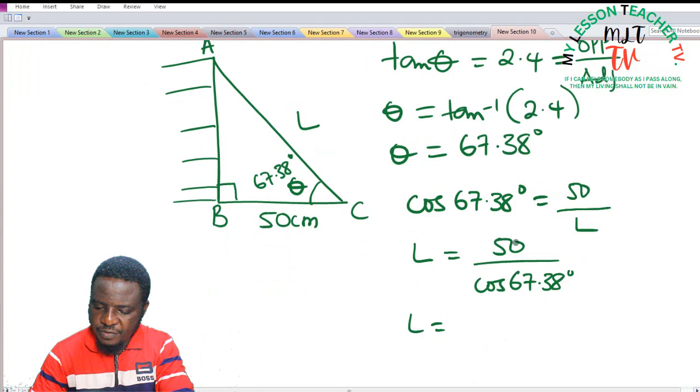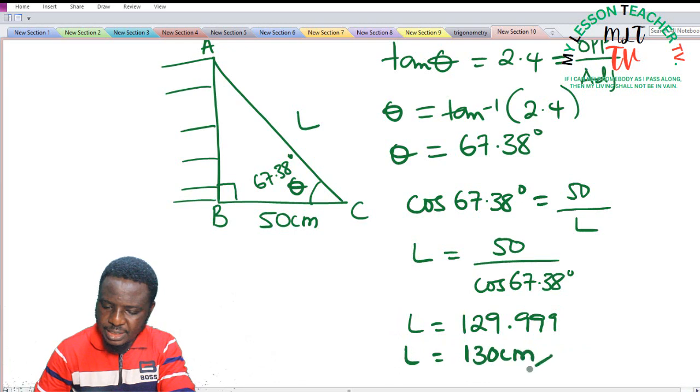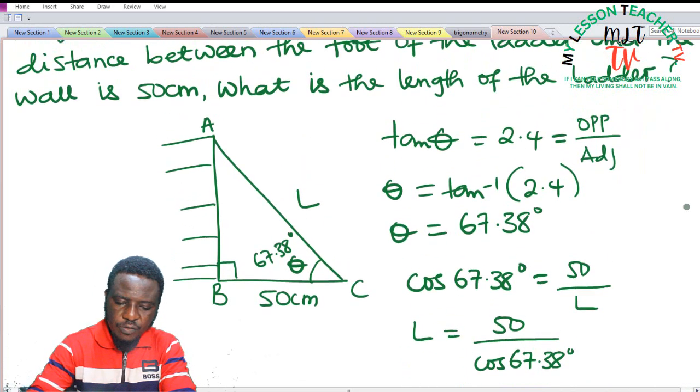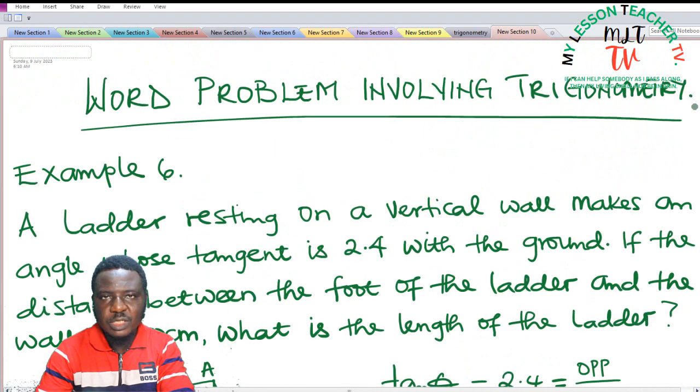When you divide 50 by cos 67.38 degrees, it gives you 129.999, which is approximately 130 centimeters. So this is the length of the ladder AC, which is equal to 130 centimeters.